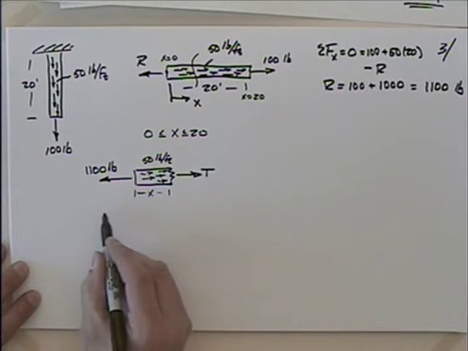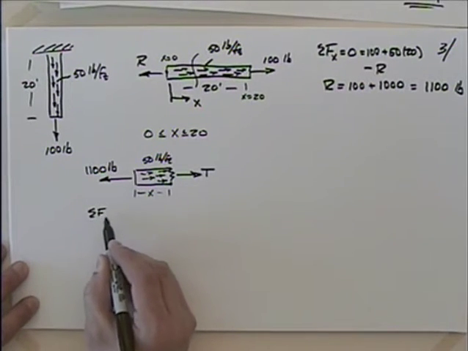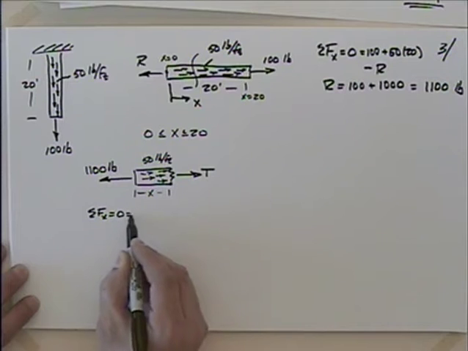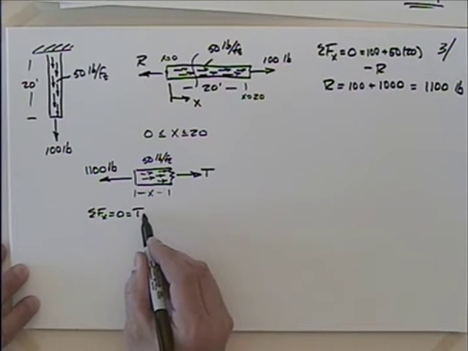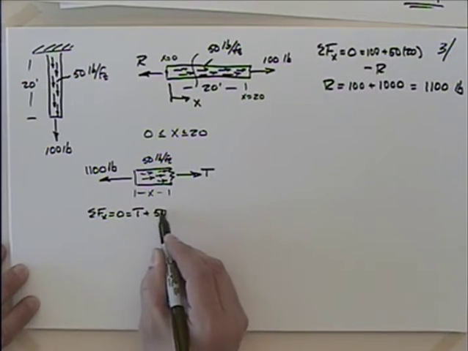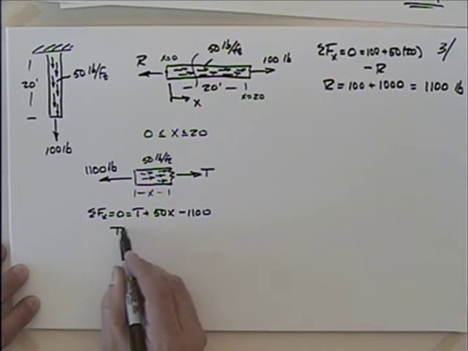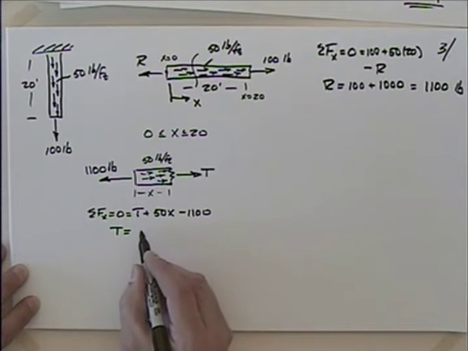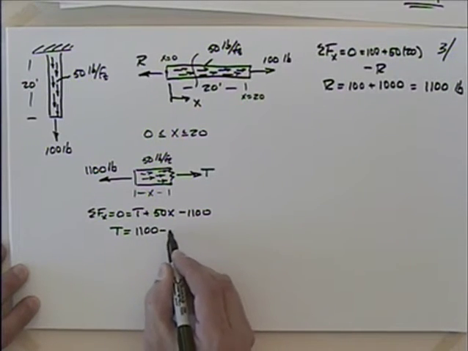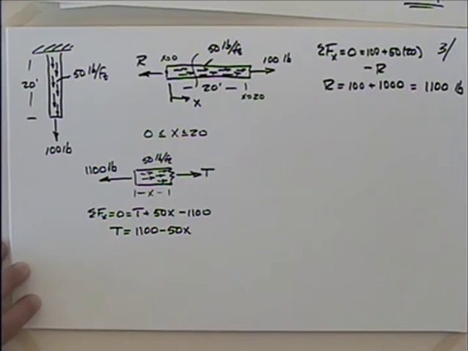So if I sum the forces in the x direction equal to 0, I would have T plus 50x minus 1,100. So T is going to be equal to 1,100 minus 50x. Does that make sense? Let's see. When x is equal to 0, we get 1,100. That makes sense. When x is equal to 20, we get 100. I think that hopefully makes sense.